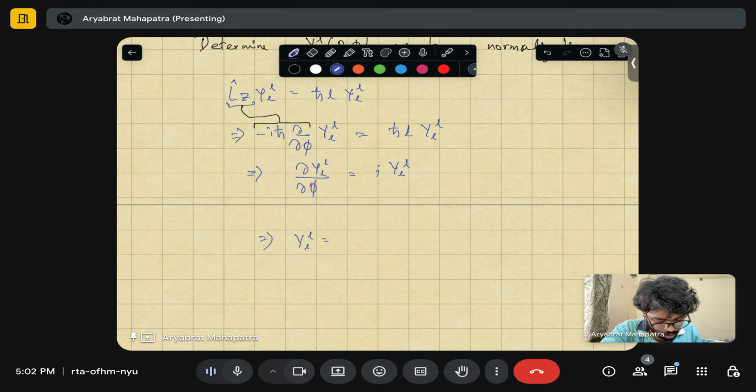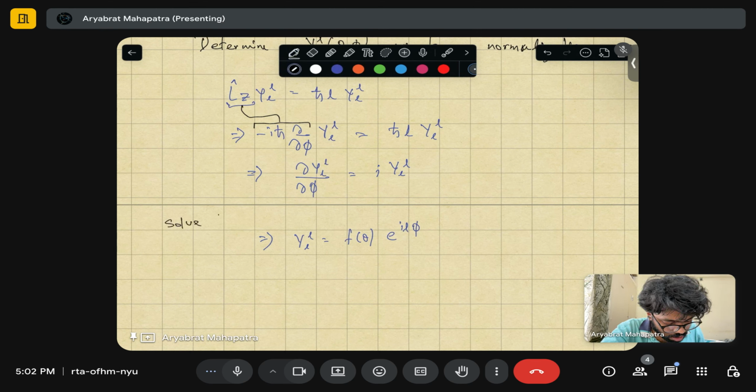So if you solve this, you find YLL is f of theta e to the power I L phi. You solve this simple differential equation.